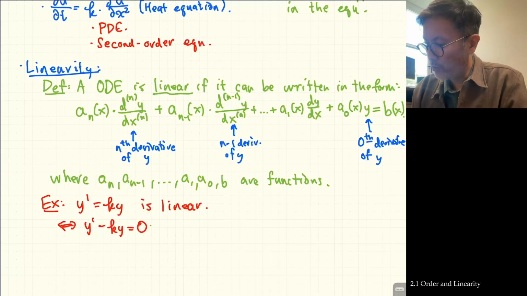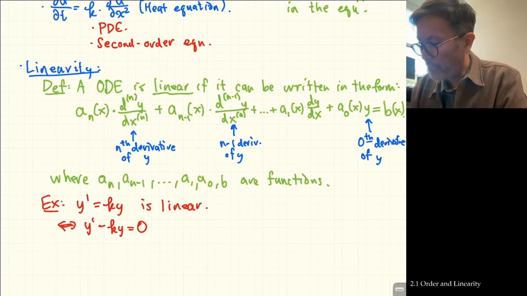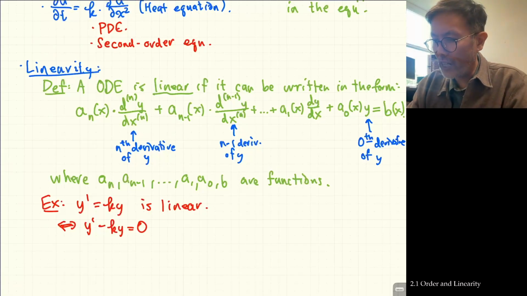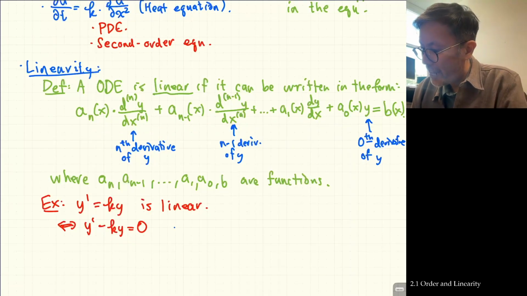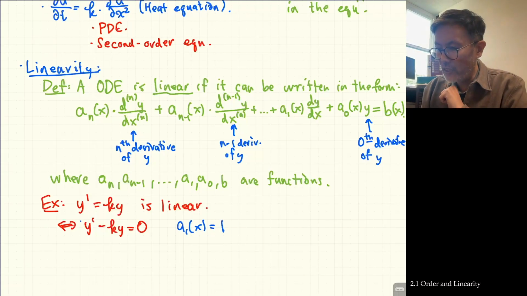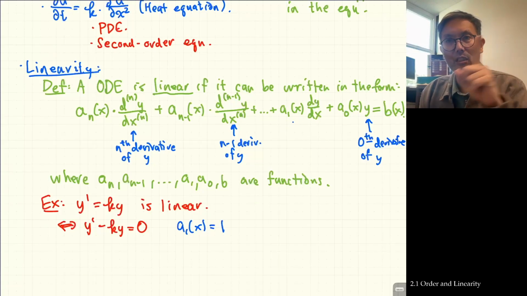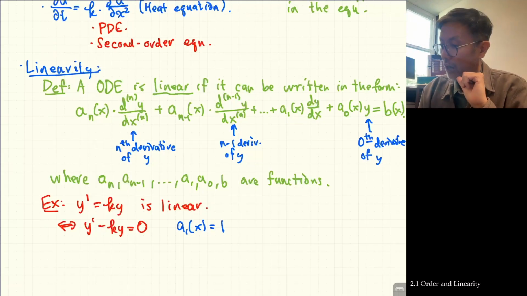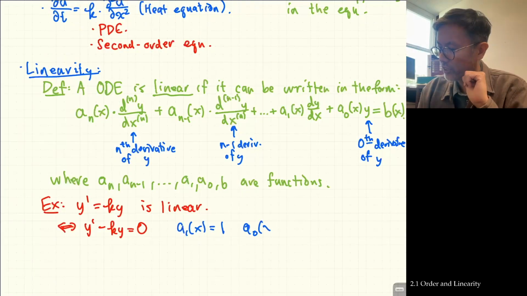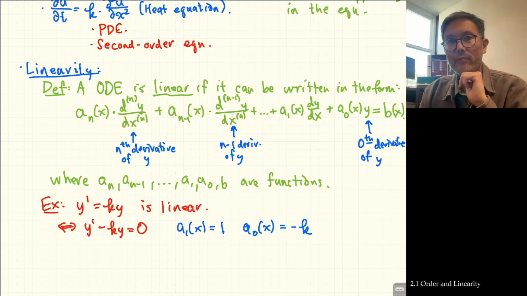Let's just make sure that we see it very concretely. If we compare what we've got here with this general form here, we can identify a sub 1 of x is going to be just the number 1. That's the invisible 1 that nobody bothers to write in front of y prime here. A sub 0 of x is the constant function negative k. That's going to be right here, negative k.